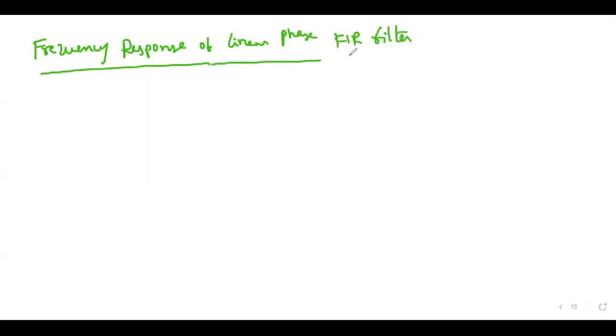The next topic is the linear phase FIR filter frequency response. The frequency response of linear phase FIR filter includes magnitude response and phase response, but here phase response is always linear, that is fixed now.